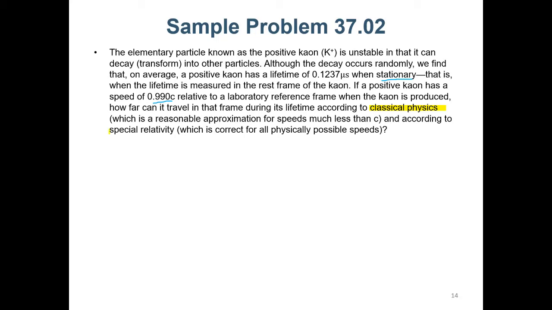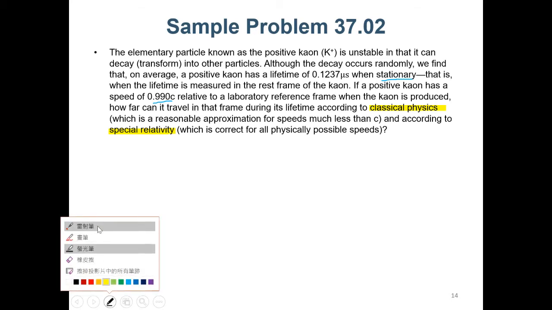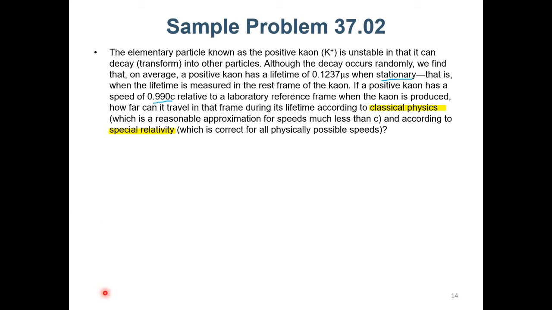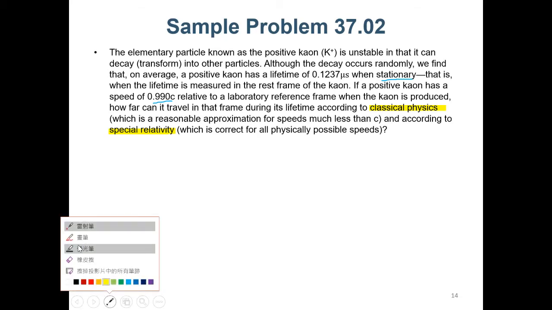And the second case is according to special relativity, so that the speed of light is constant, so that time would be delayed when it moves very fast. Okay. So for the first case, it would be very simple.